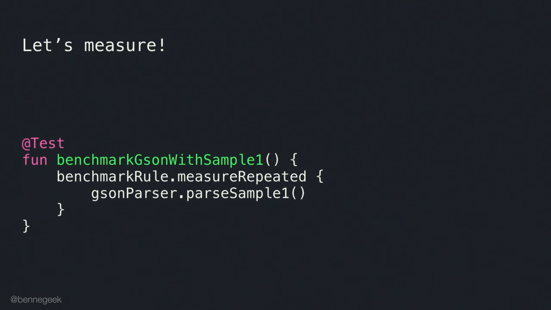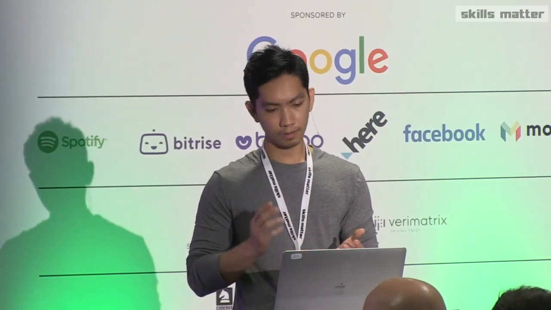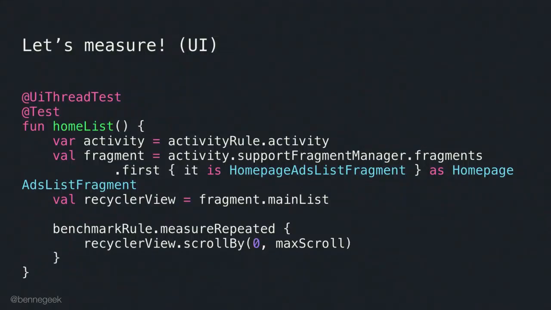And so now you're probably thinking, you're only testing logic. Can you test UI? Yes. So this is an example of measuring the UI, which is quite complicated, but I'll go through it line by line. Don't worry. So this is a UI test. It's tagged by @test because it's run by the JUnit tester.